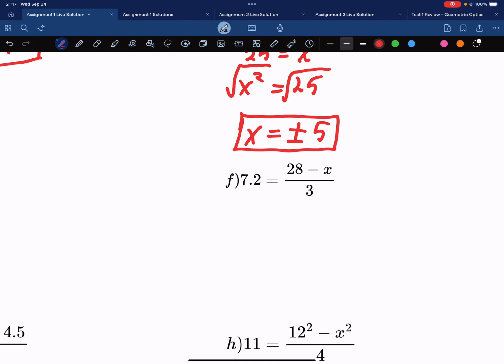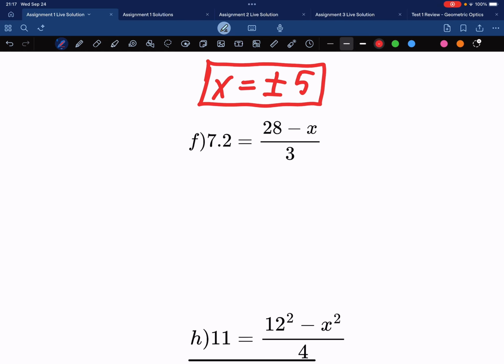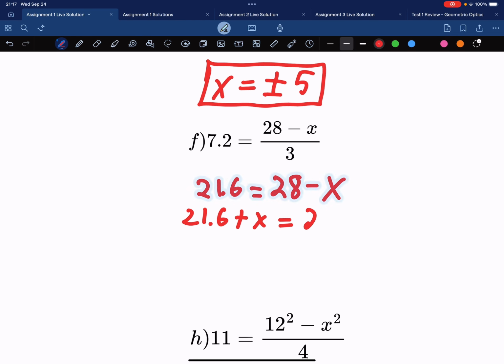1f. Multiply everything by 3. That will give me 21.6, I believe, equals 28 minus x. I'm going to add x to both sides. So 21.6 plus x equals 28. This is just because I like having the variable I'm solving for be positive.